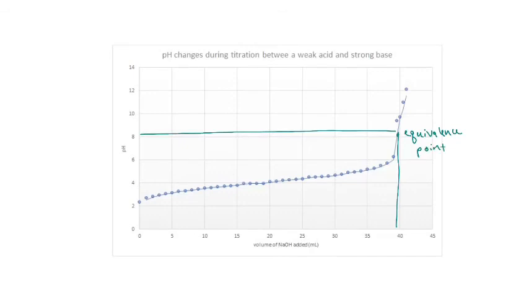Around here is our half equivalence point-ish, and the pKa is equal to the pH at that point. So at our half equivalence point, our pKa is around 4 for this.